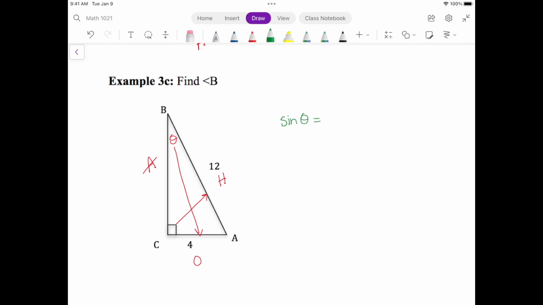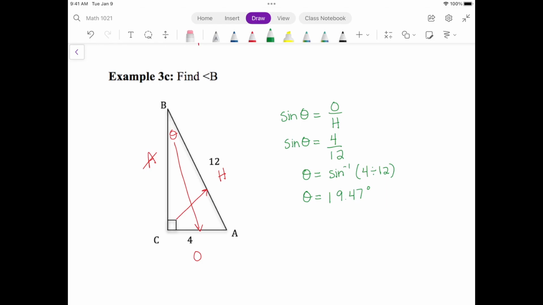So sine of my angle is opposite over hypotenuse. So sine of my angle is 4 over 12. I'm going to use the inverse function to find out what my angle is. And I get 19.47 if I round to 2 decimal places.